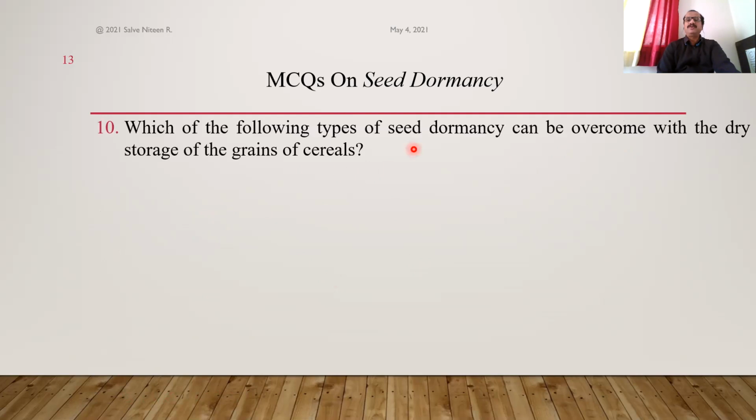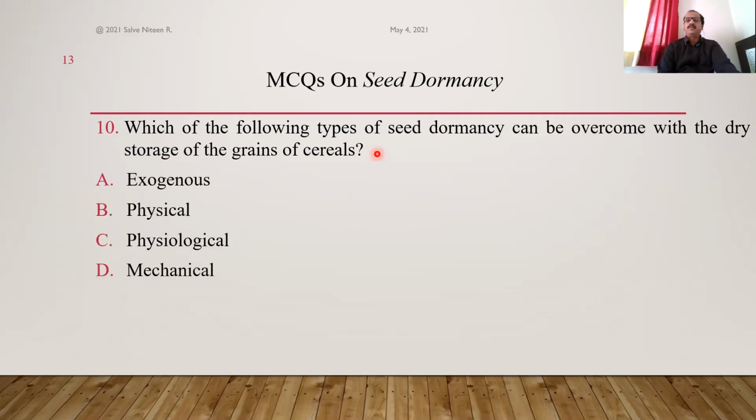Which of the following types of seed dormancy can be overcome or broken down with dry storage of grains of cereals? So if you store cereals, wheat, rye, or bajra, it is called dry storage, then it can break down the dormancy called physiological dormancy. Now you have studied physiological dormancy is of three types.